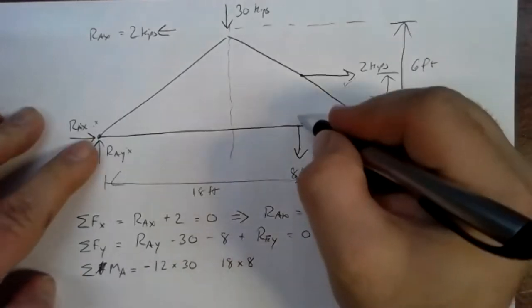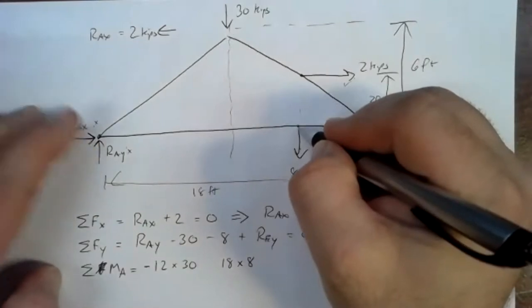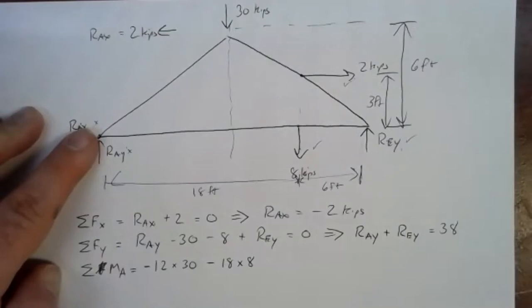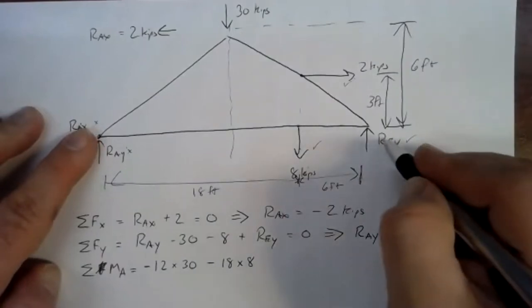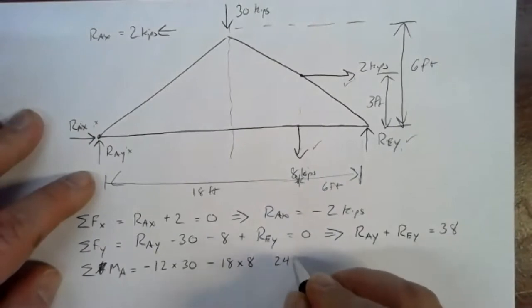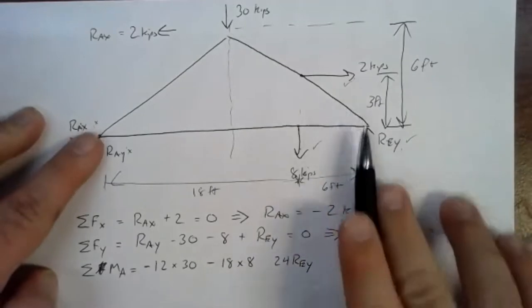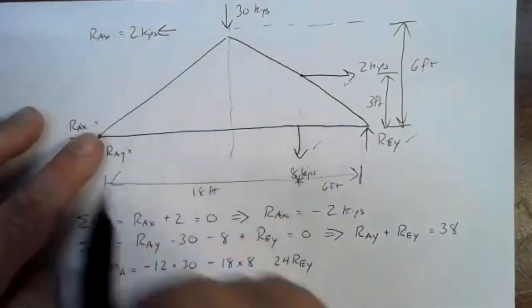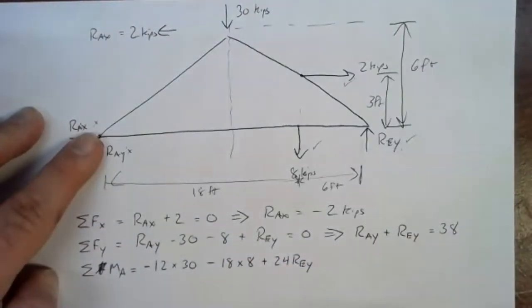And similarly, if we push down here and pin at A, it's going to cause a clockwise rotation. So that's negative. We've got REY 24 feet away. But that's pushing up. If we pushed up and pinned at A, we get a counterclockwise rotation, so that's positive.